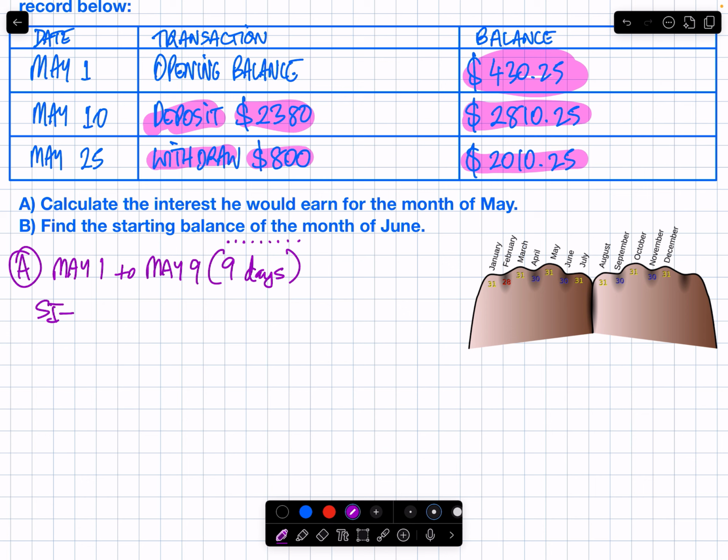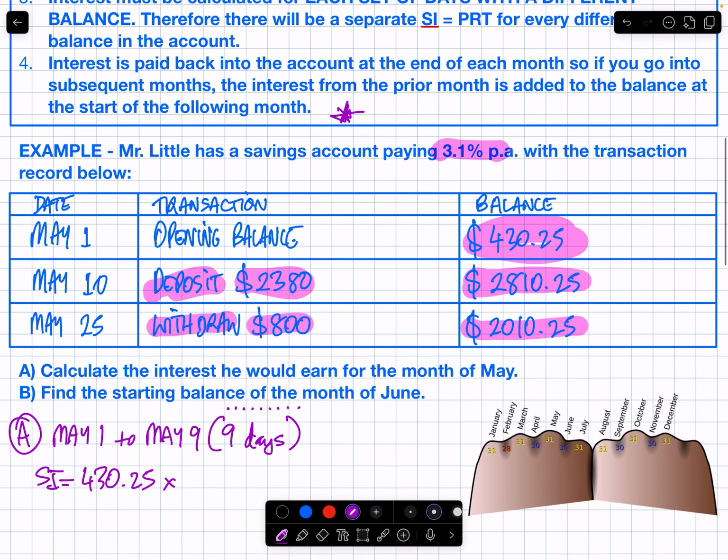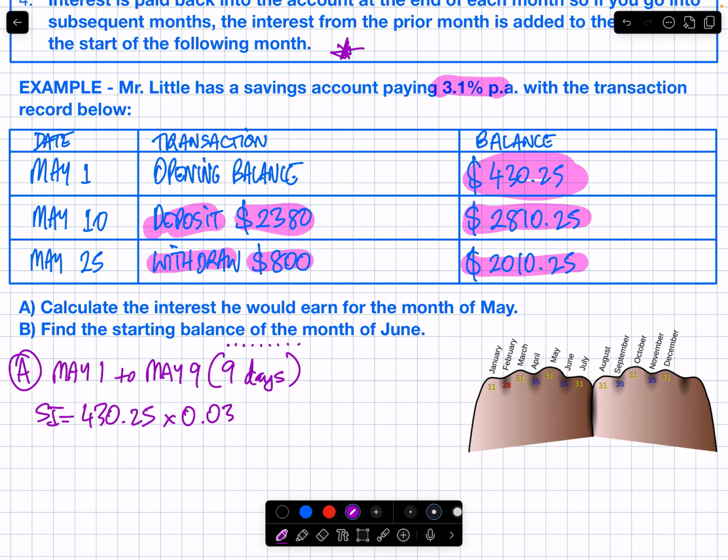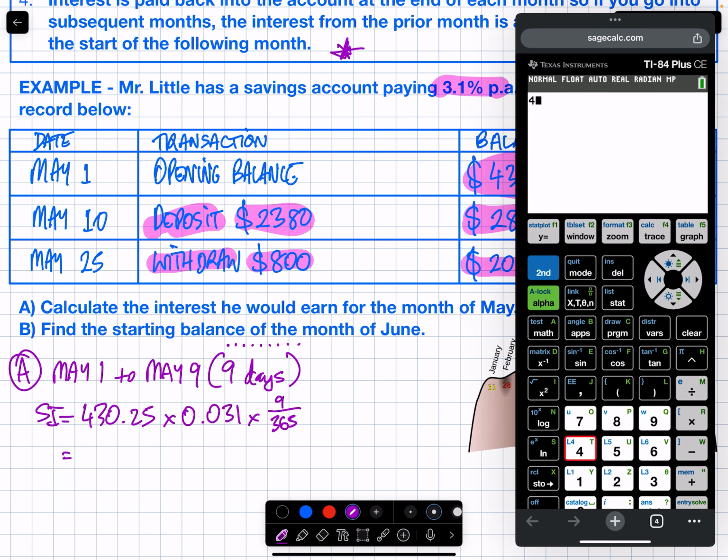SI equals, what was the balance? $430.25 times by R, the interest rate, was 0.031, 3.1% as a decimal, times by 9 over 365. 430.25 times by 0.031 times by, in brackets, 9 over 365.